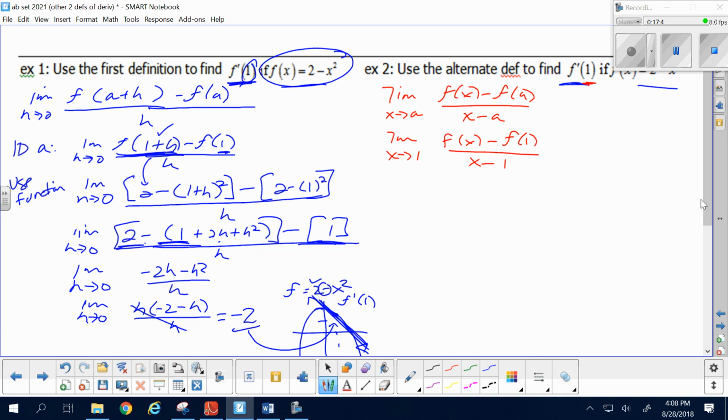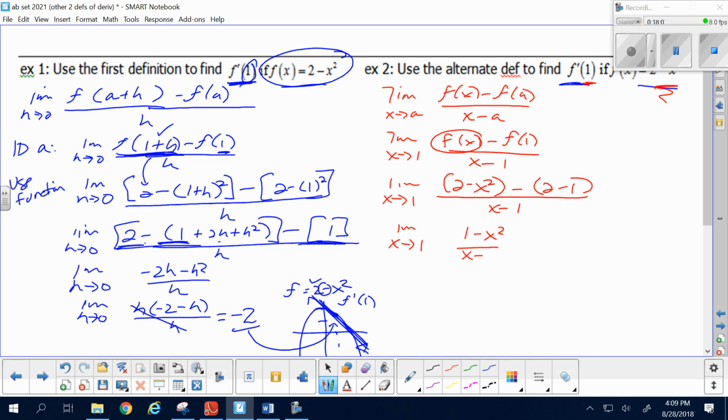The function is still 2 minus x squared, so if I put in that function here, this would just be 2 minus x squared. f of 1 is 2 minus 1, or 1, over x minus 1. The limit as x goes to 1 then of 2 minus x squared minus 1 is 1 minus x squared over x minus 1.